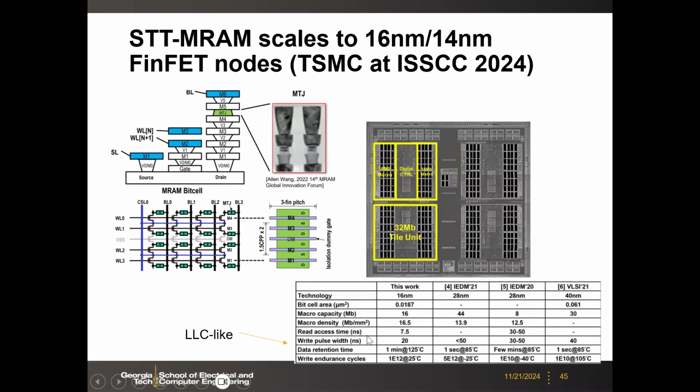If you look at the spec, it's more like a last level cache spec. The retention is only 1 millisecond, and the endurance is high. Of course, TSMC also has the eFlash version of that. I think they published it a bit earlier than this year's ISSCC.